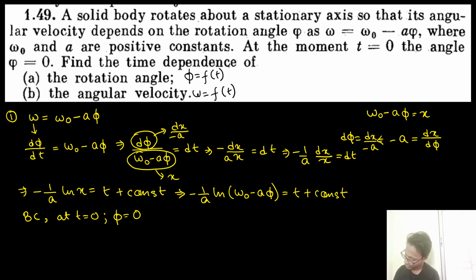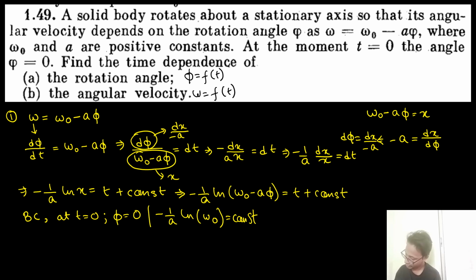So minus 1 by a ln of omega naught minus a into 0 is equal to 0 plus constant. a into 0 is nothing but 0, so this is nothing but ln omega naught. So the value of the constant is minus 1 by a ln omega naught.